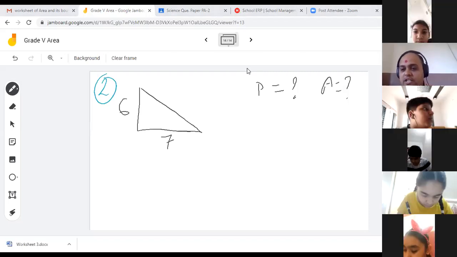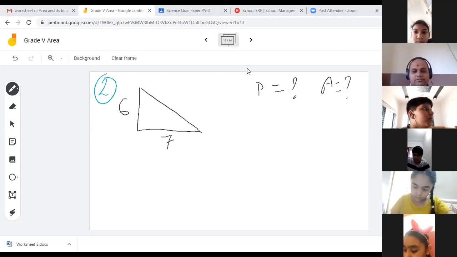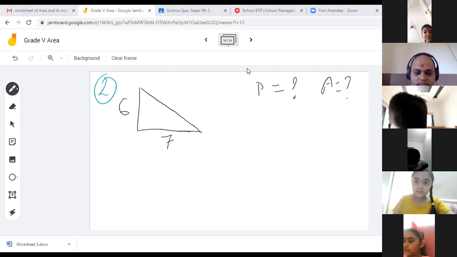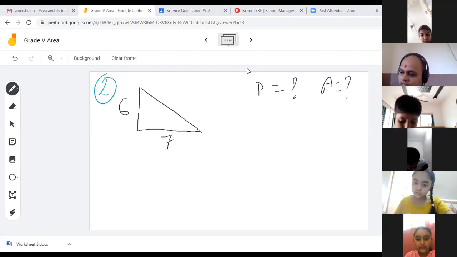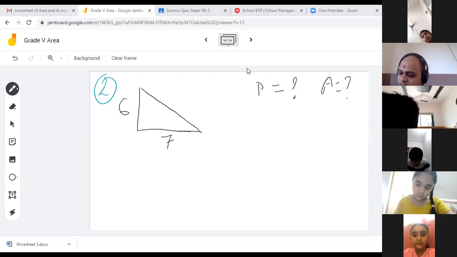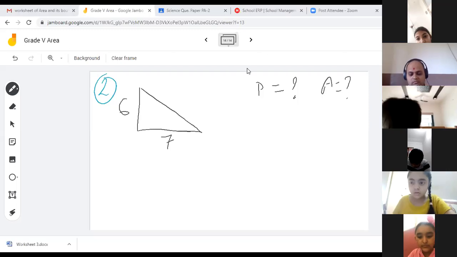Come on, you have to solve this just like the previous example. Fast. Come on, do it quick.